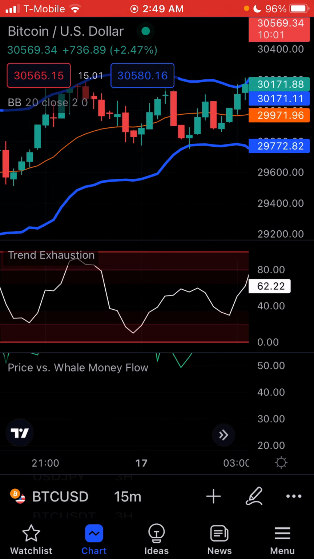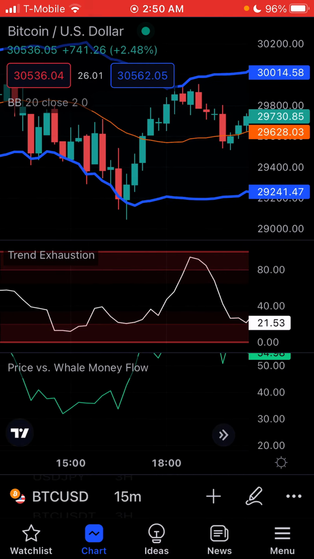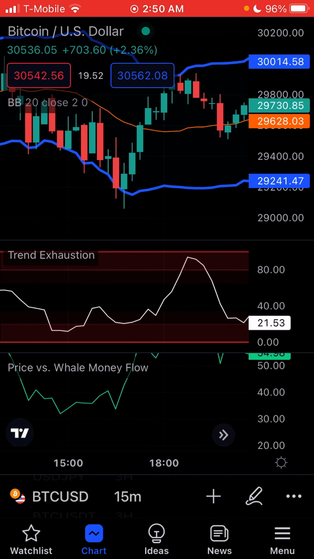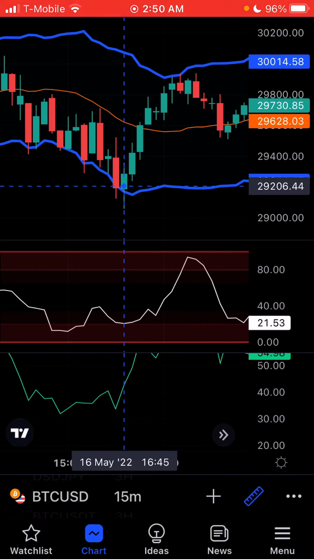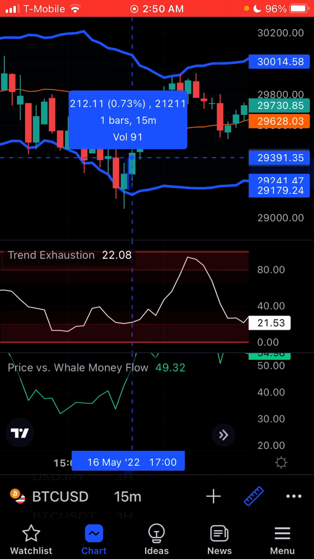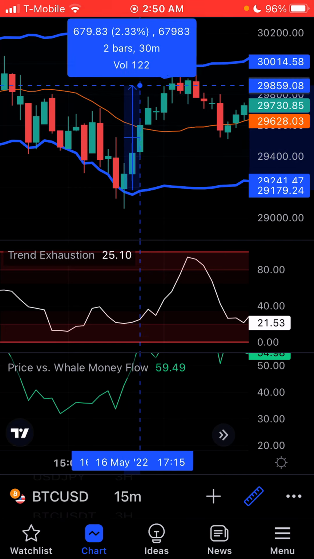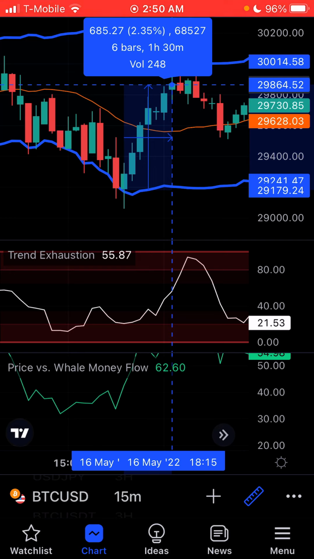And let's see if this happens again. Here's a good one right here. You see the green candle touching the bottom of the Bollinger Band. If I were to buy right here, I wait it out, and I probably would sell when it gets closest to the top, or pretty close.